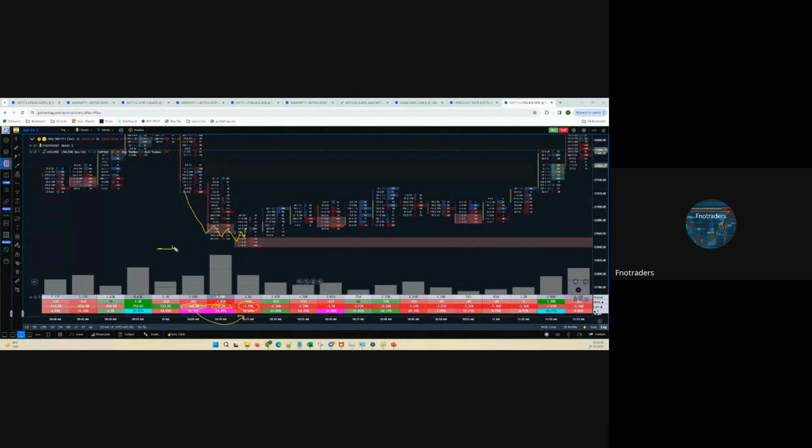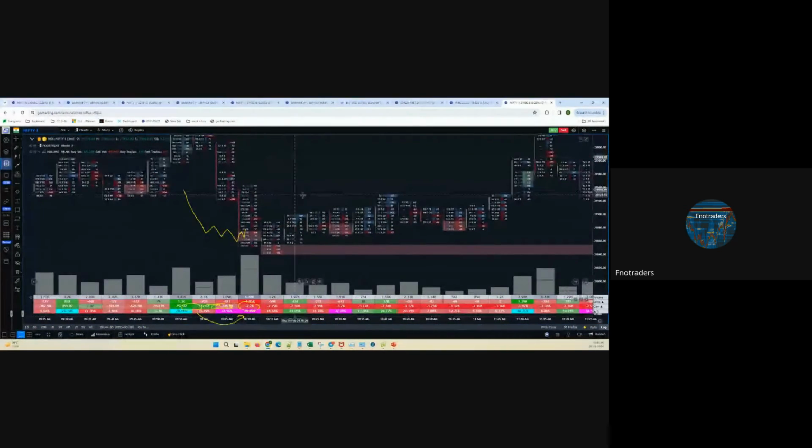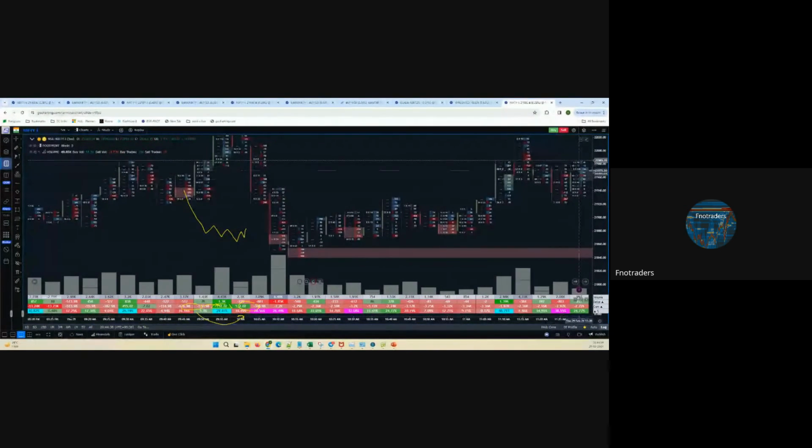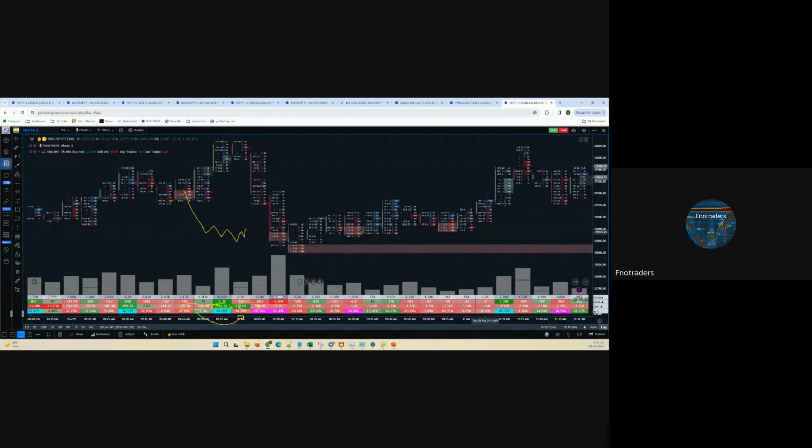But what we did on the price side is very little, and eventually price stopped there and then pulled back from those levels. So this is a good example where price would have paused, and then the long action happened for a pullback scalp.